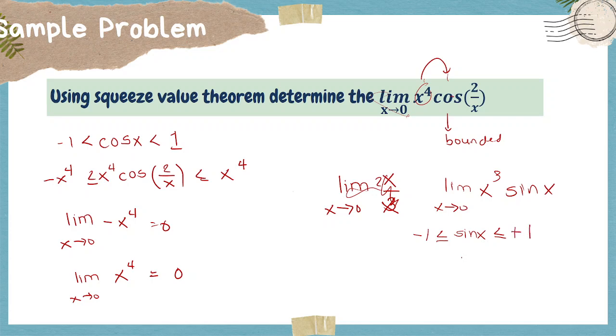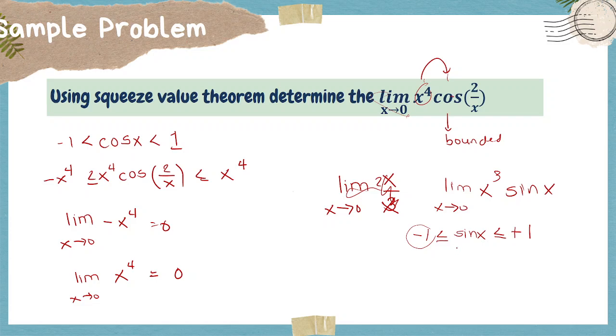Now, how are we going to get the limit of that one? We would set this sine x as equal to negative 1. Why?